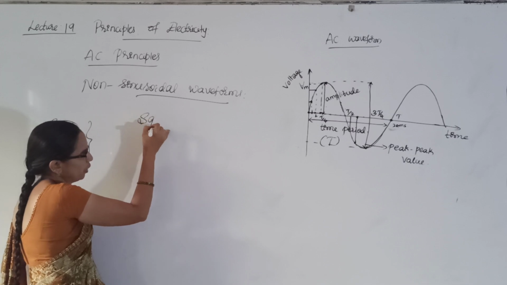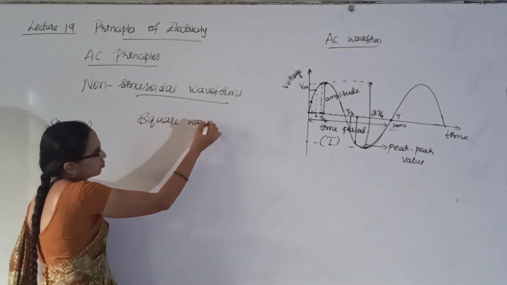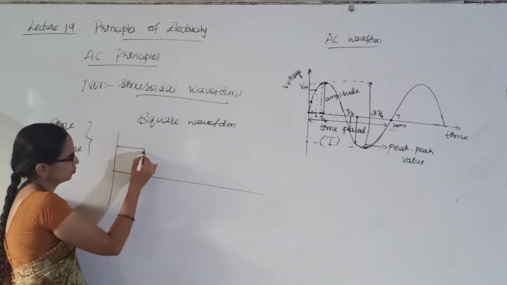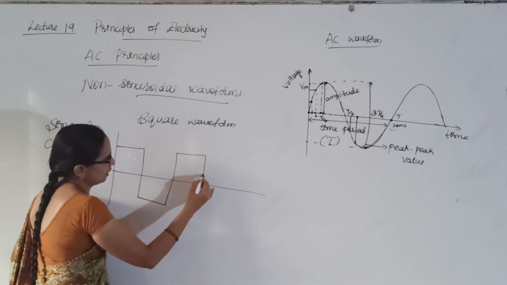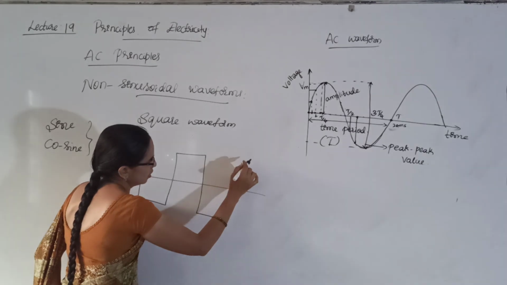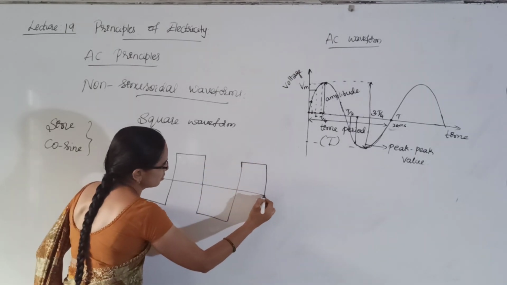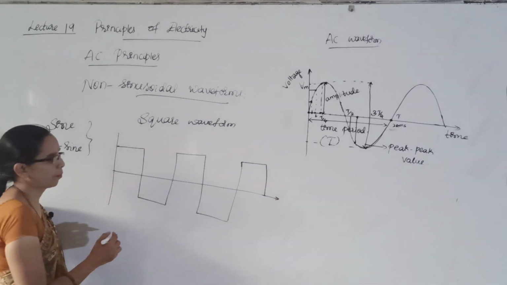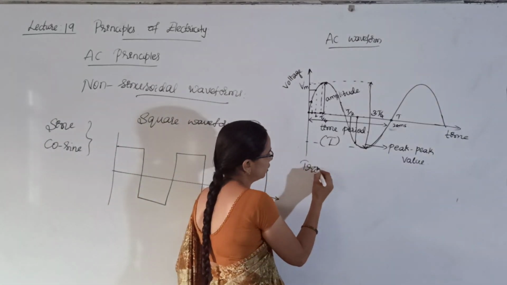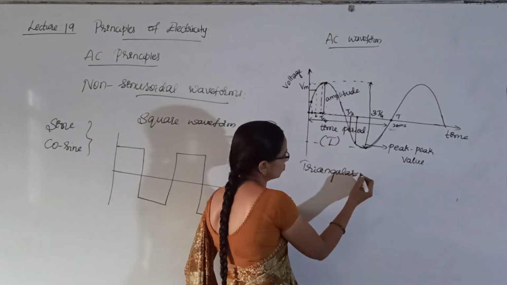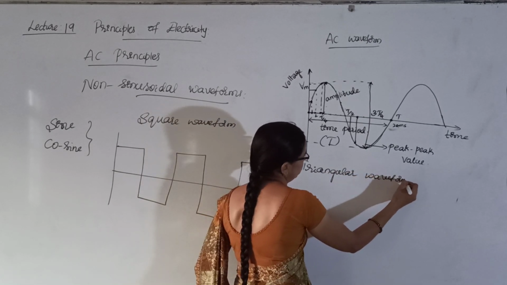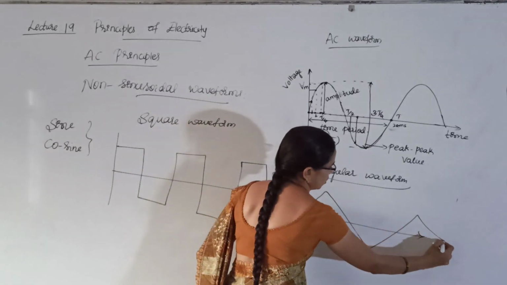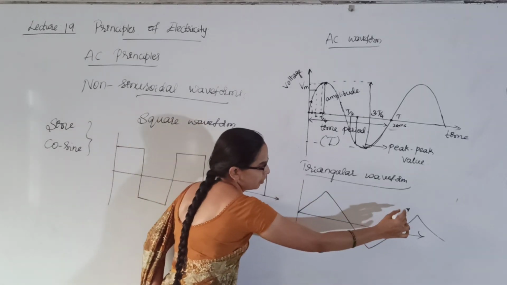Non-sinusoidal waveforms, in the sense, square waveform, which looks like this. In scanning machines and pulse calculation machines, these non-sinusoidal waveforms are used. This is the square waveform, and here I will draw the triangular waveform, the linearly varying triangular waveform.